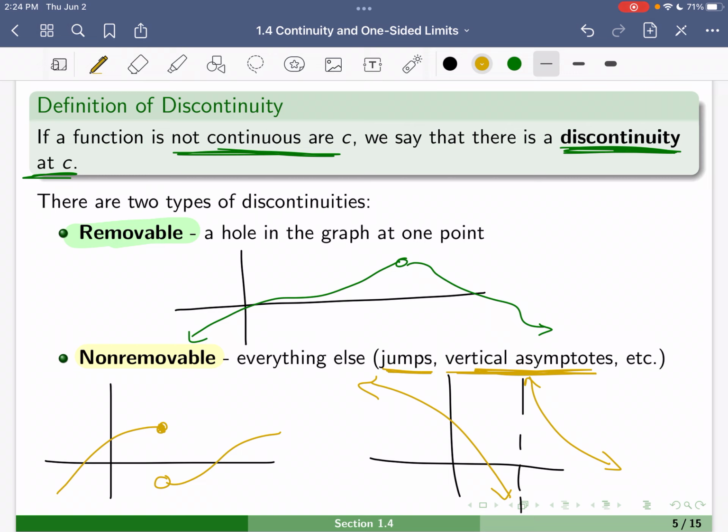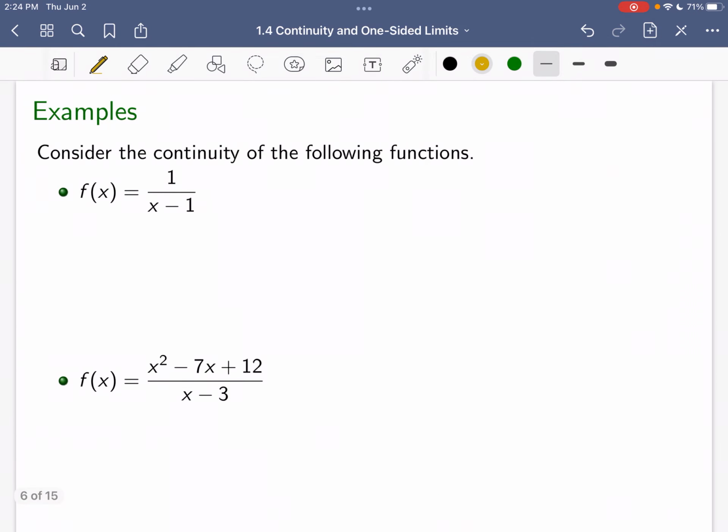Those are the ideas of continuous and discontinuous. Let's look at some examples. Let's consider the continuity of the following functions. Here we have the function f of x equals 1 over x minus 1. Where would you have issues with this function? If we were to graph it, what does that look like?